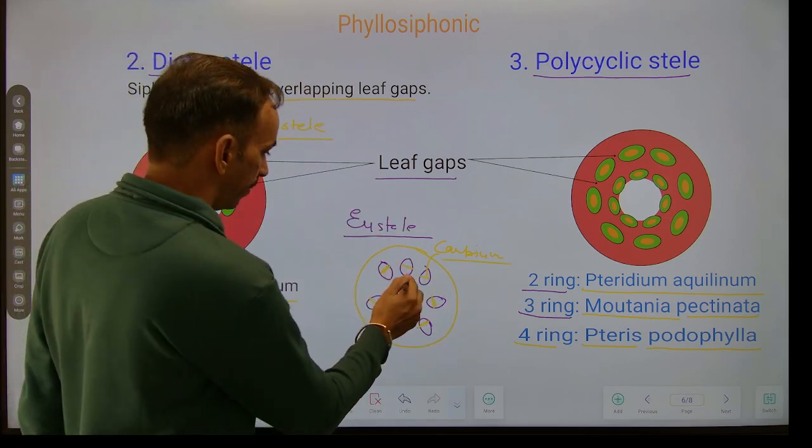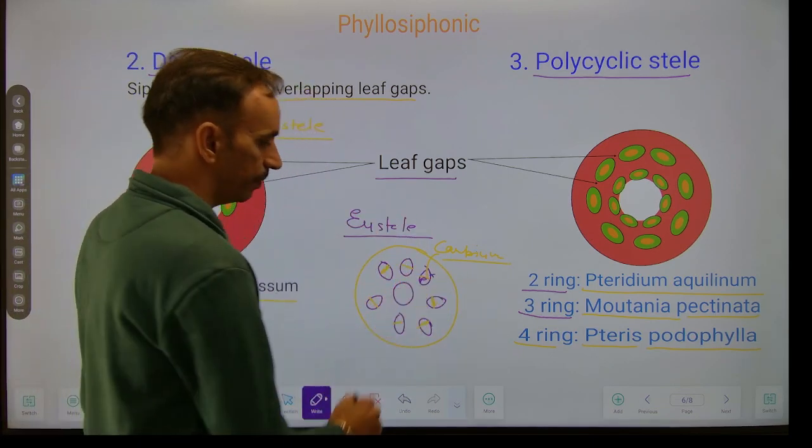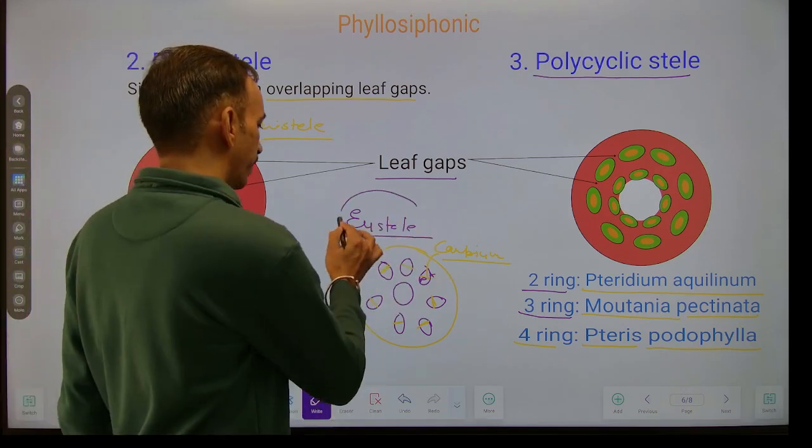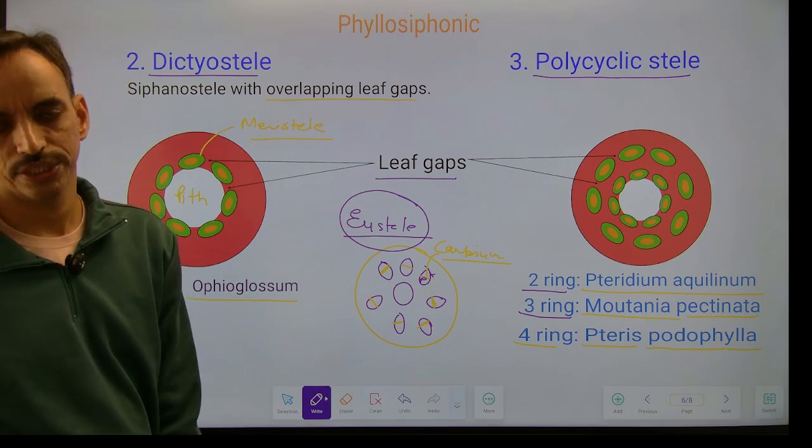If there is a presence of cambium, we can say between the xylem and phloem, then this type of stele is called as the most advanced stele, which is known as Eustele.